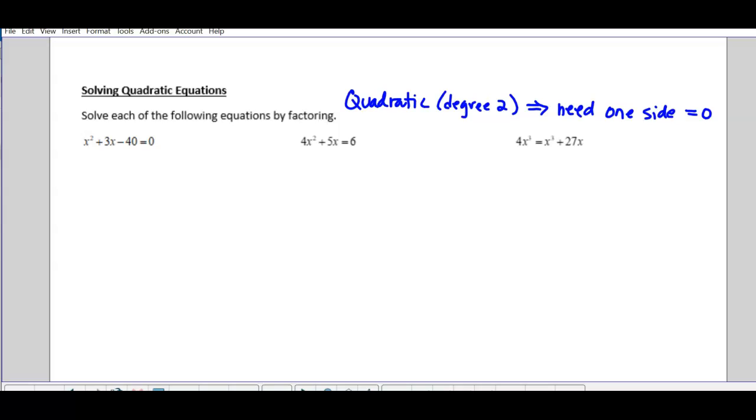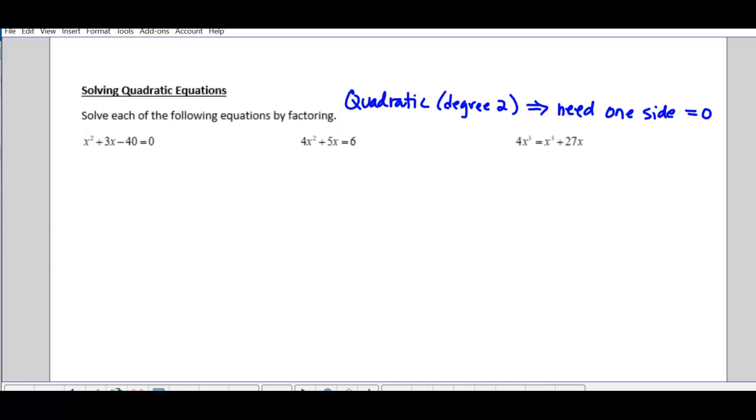As opposed to linear, where we got the number on one side and the variable on the other, for quadratic, so if you see an x squared, and that's the highest exponent on any variable, then you need 0 on the other side. Okay? So the first one is good. It's got 0 there already.